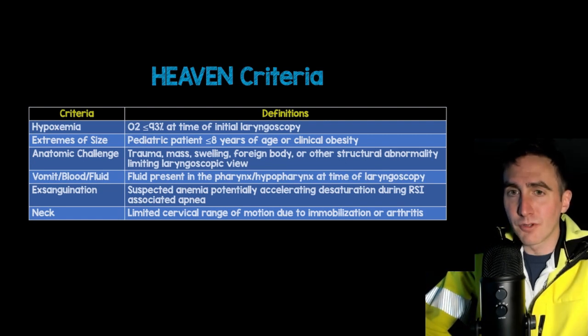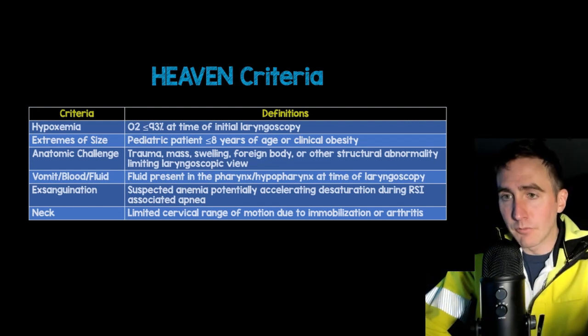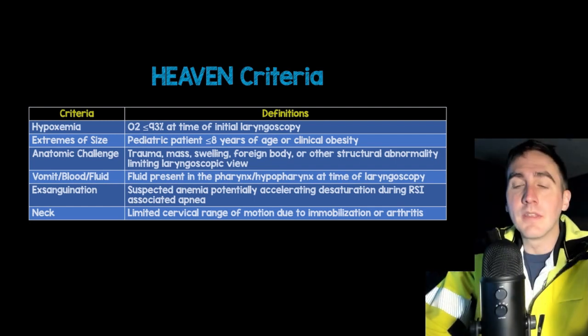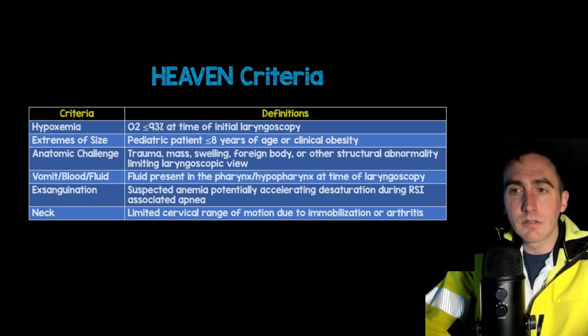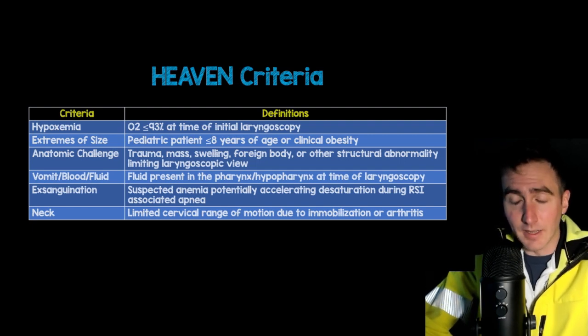They have trauma to their airway, they have airway swelling, structural abnormalities with their airway, and then of course vomit, blood, fluid. And I'm going to say this and I'll say it again, always lead with suction when you're intubating anytime, but especially when you're giving a paralytic and attempting to intubate.